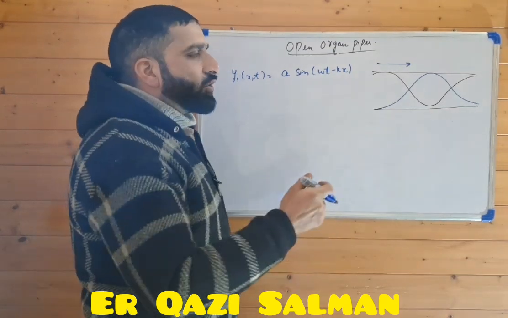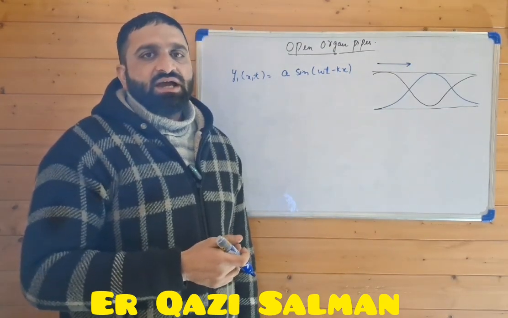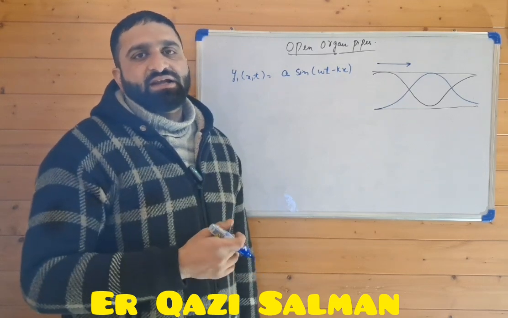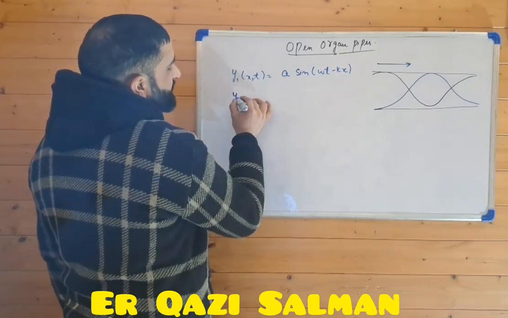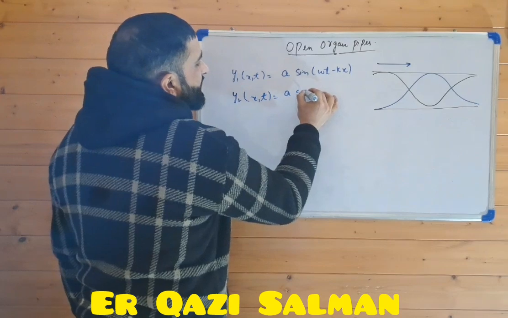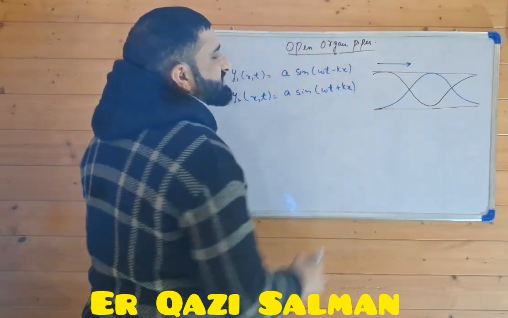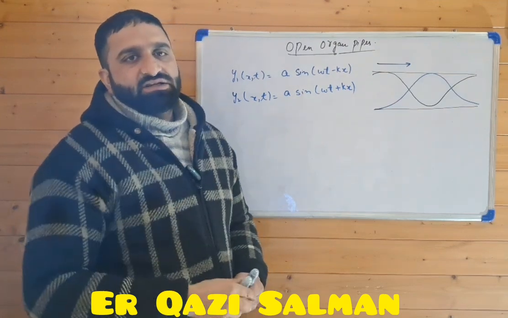Now from an open end it gets reflected with a phase difference of 0. That means compression is reflected as a rarefaction, or rarefaction is reflected as compression. So the reflected wave's equation is y2(x,t) equals a sine of omega t plus kx, as the reflected wave is traveling in the negative x direction.